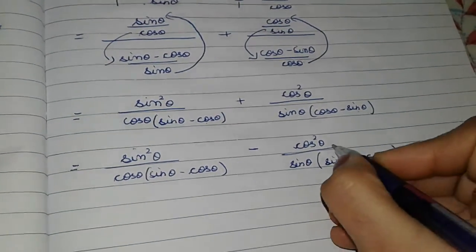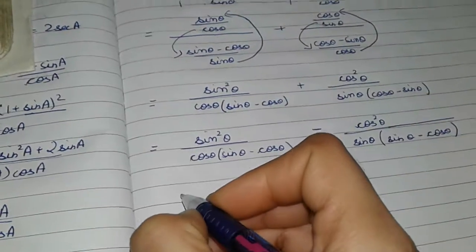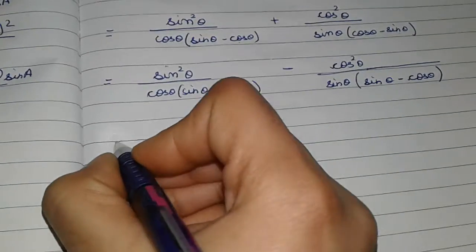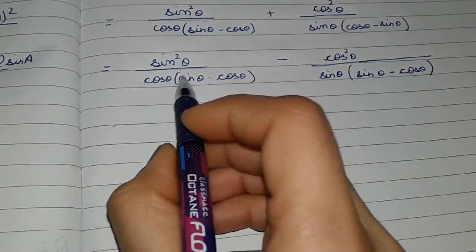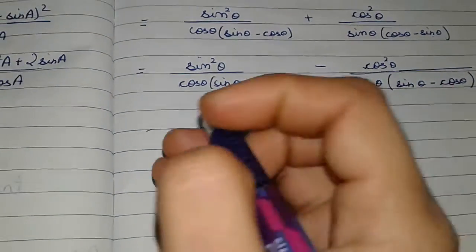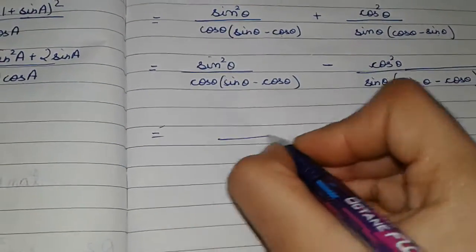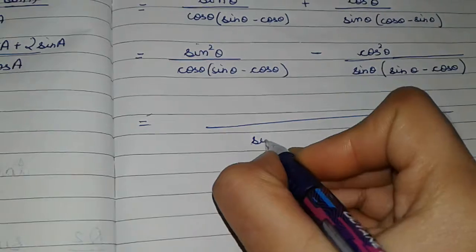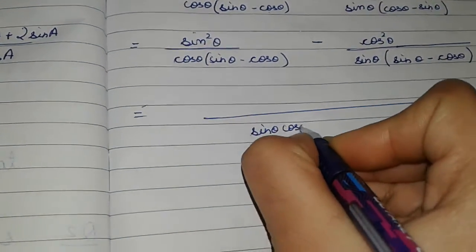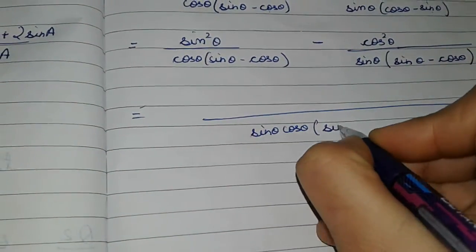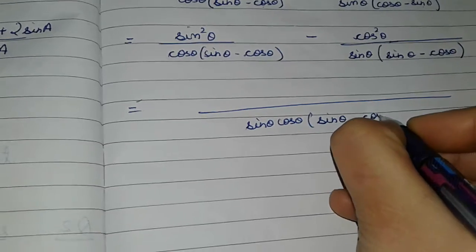Okay. Now we can take LCM of this part and this part. LCM will be sin theta cos theta and sin theta minus cos theta.